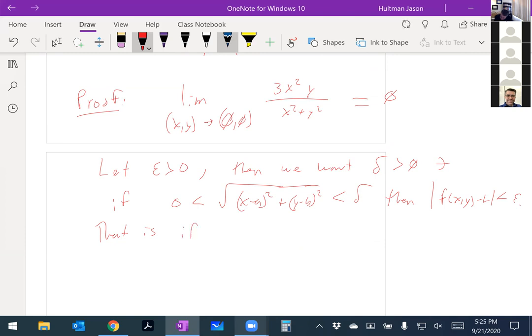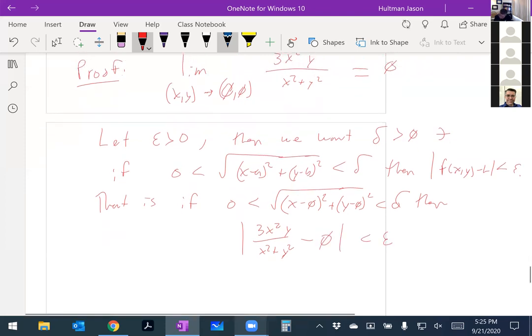That is, if 0 is less than the square root of (x minus 0) squared plus (y minus 0) squared, okay, this thing's going to 0, that's what a and b are here, going to (0, 0), is less than delta, then the absolute value of 3x squared y over x squared plus y squared minus 0 is less than epsilon. Oh, okay. That's good.